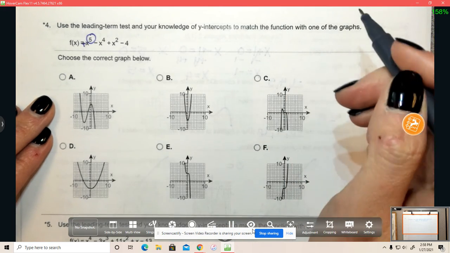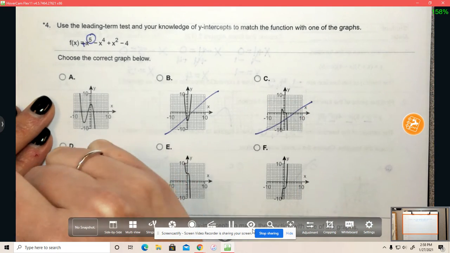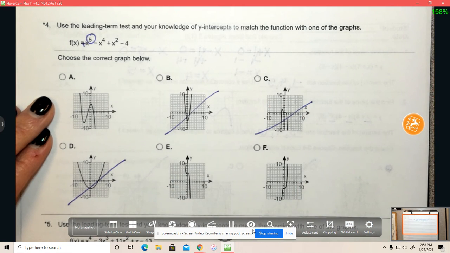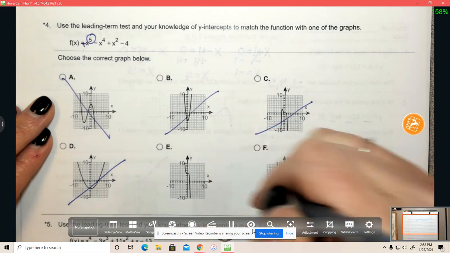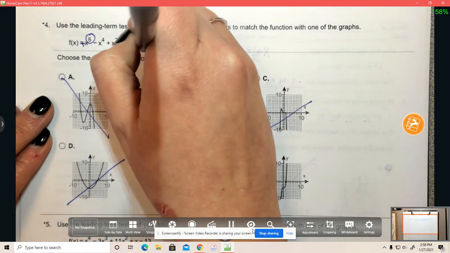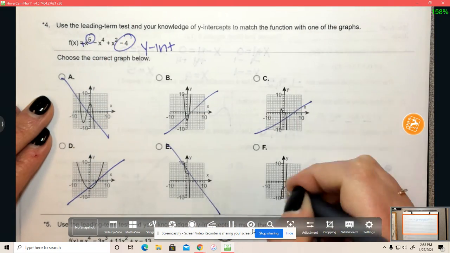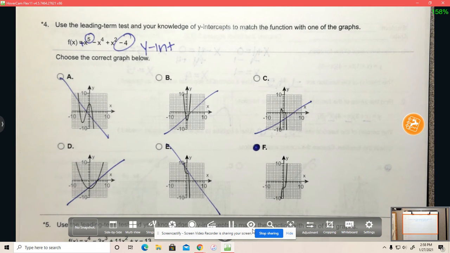So I'm going to eliminate all of the ones that do not have ends in opposite directions. Okay? And it's positive, so we're going up. So that one's going down, and that one's going down. And then our y-intercept is -4. And so this F does match there.